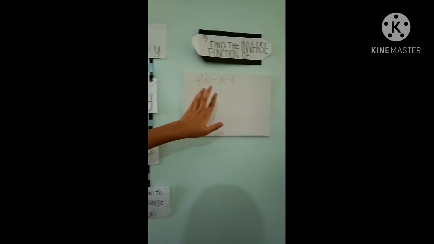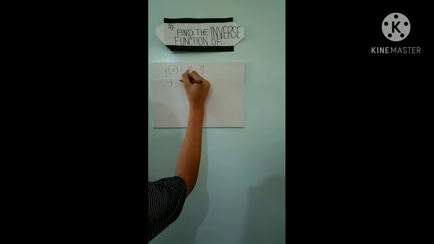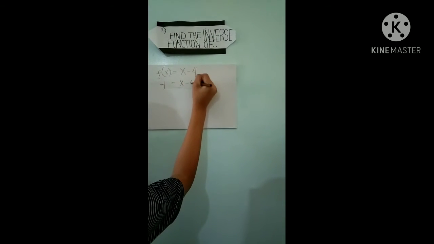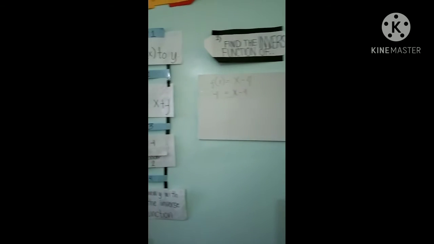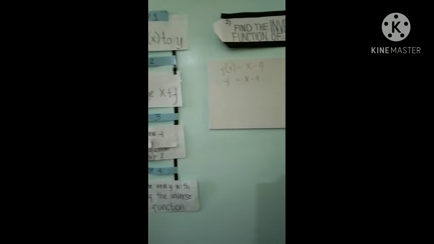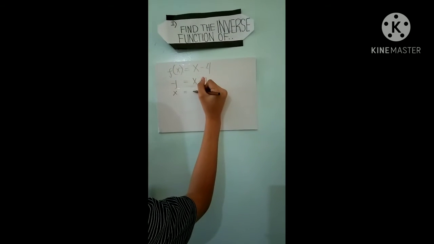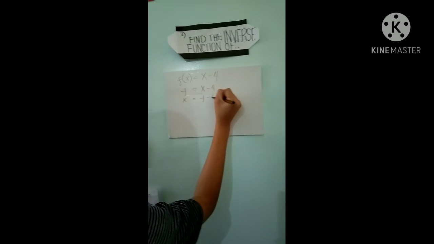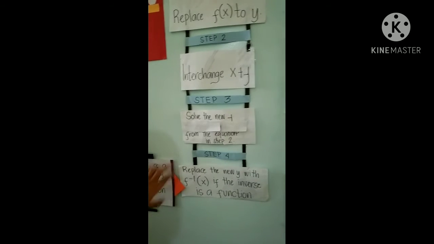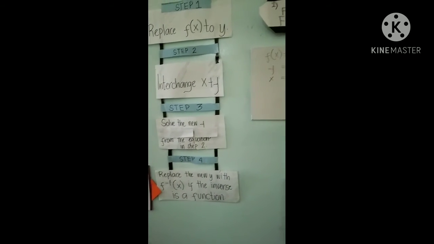So, our f of x here will become y equals x minus 4. Step 2, interchange x and y. So our y here will become x, and our x here will become y minus 4. Step 3, solve the new y from the equation in step 2.